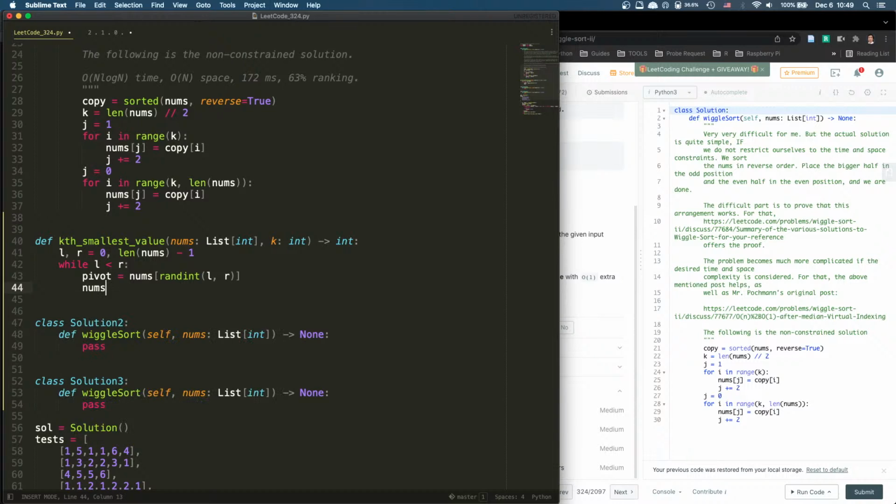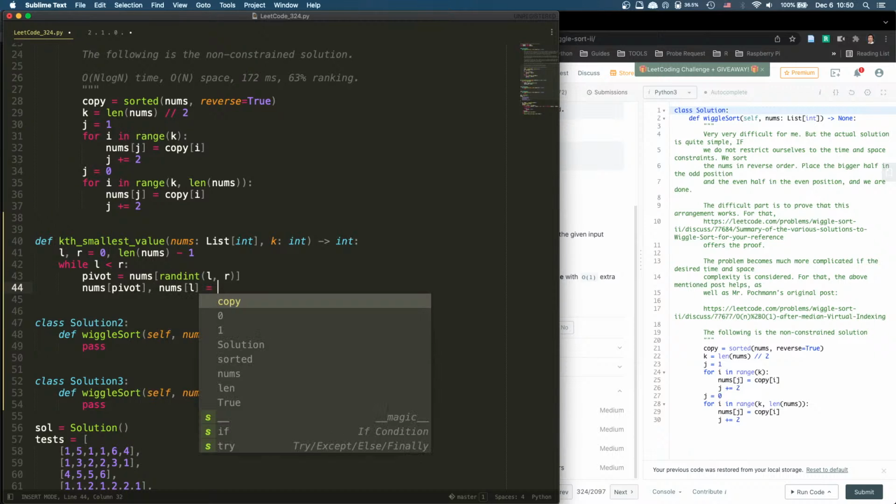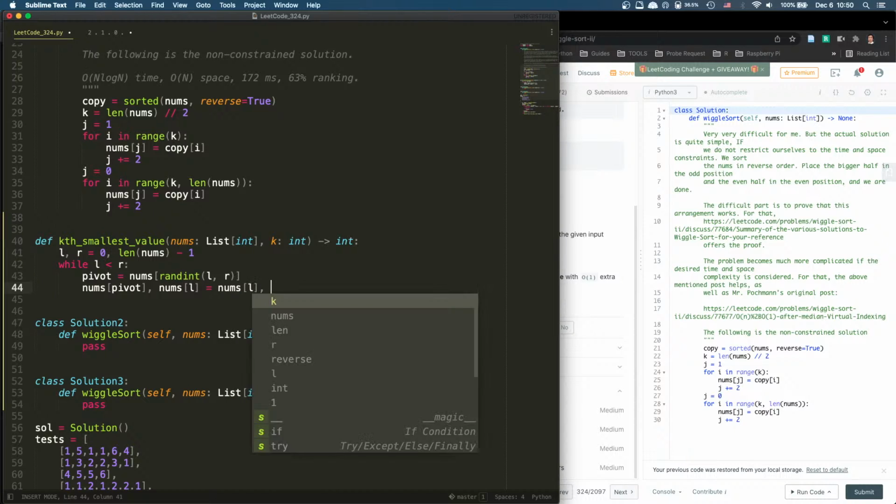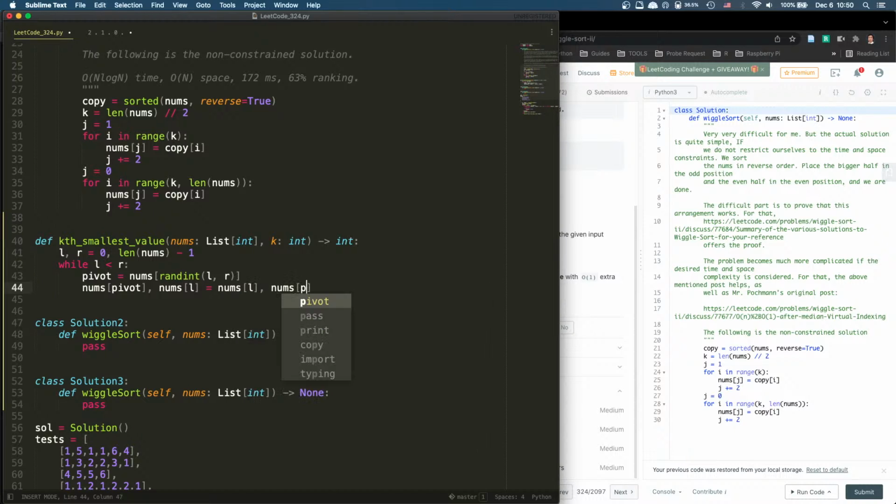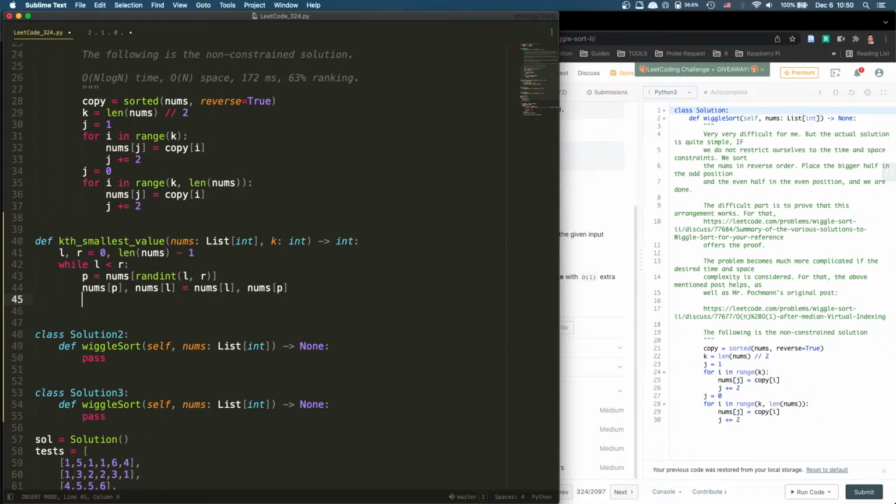So we say nums pivot, nums L, so we put on the left, nums L equals nums P. Let's call it P, easier to write. Right, so this will take the value at the pivot position and put it to the front, and everybody is going to compare to that.